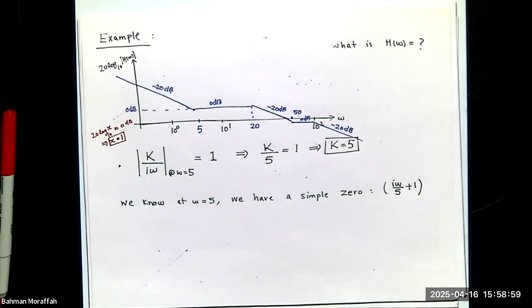Right? Now we don't have any change till we actually hit the next breaking point, which is this 20. This 20 tells me I'm going to go down by 20 dB. What does it tell me about this 20?